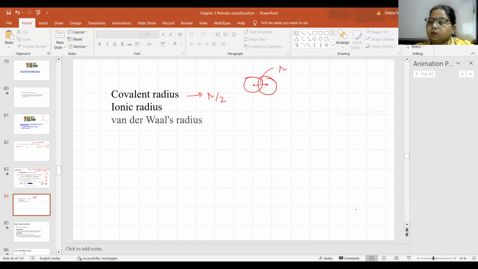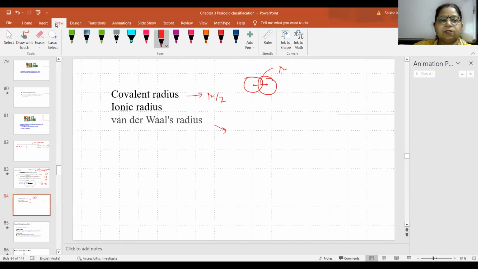Now, what is a van der Waals radius? There are noble gases which do not combine with anybody else. Many of the things exist as molecules, H2, N2, O2, F2. But noble gases exist as separate atoms.